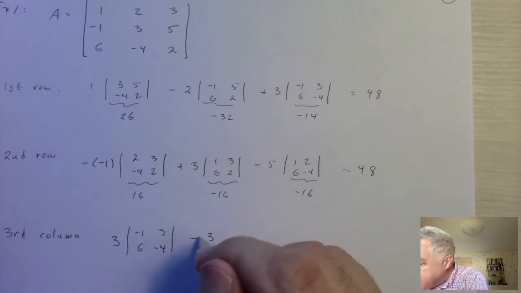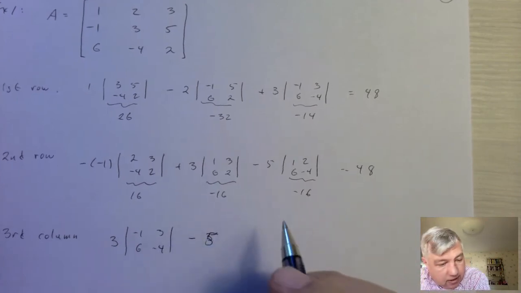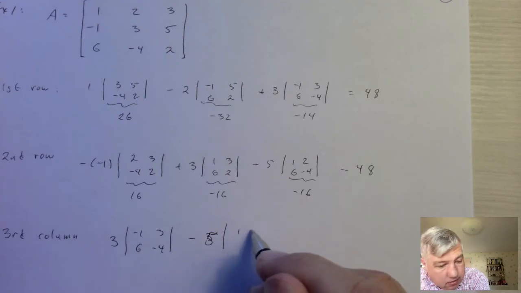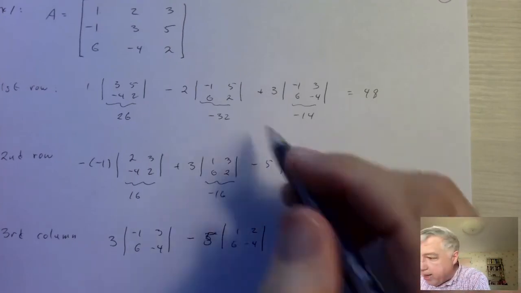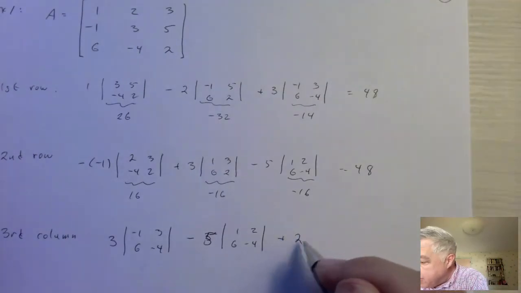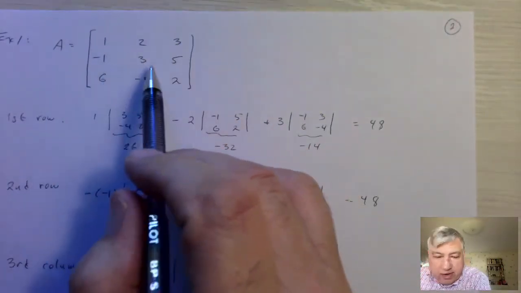So this is a minus 5 times 1, 2, 6, negative 4. And then finally we have plus 2 times 1, 2, negative 1, 3.